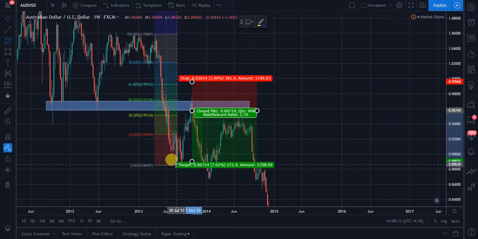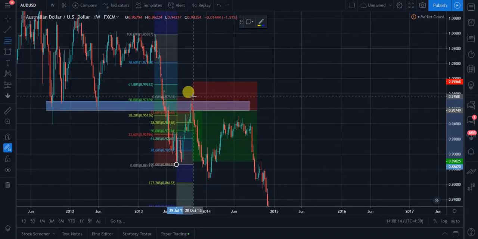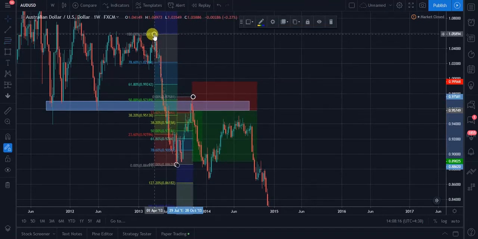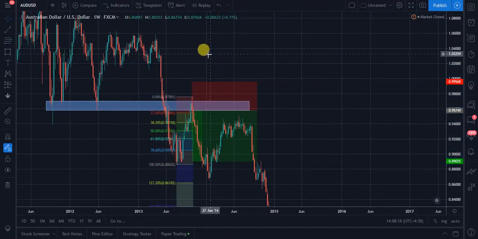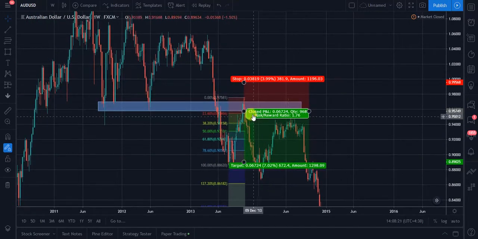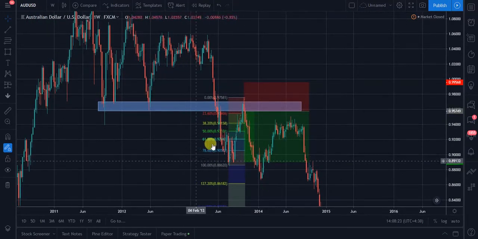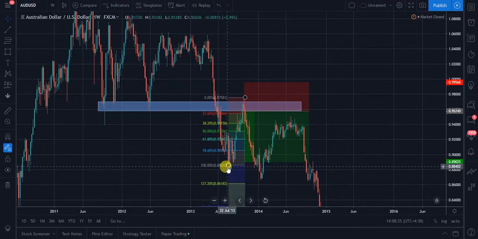Let's remove this one to have a clear chart. So use Fibonacci extension from low to high.